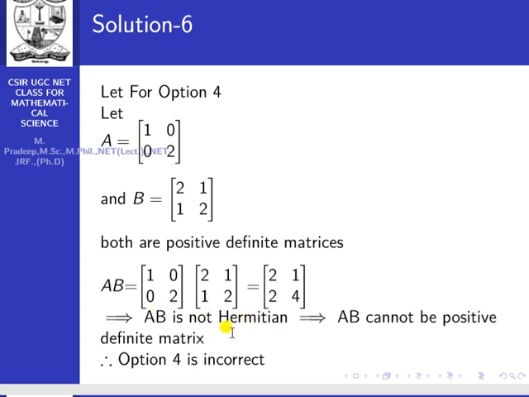So AB cannot be a positive definite matrix. Therefore option 4 is incorrect.